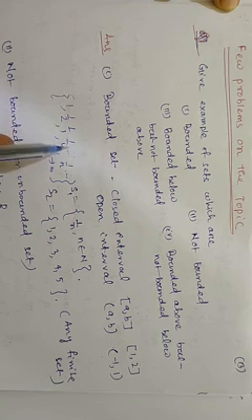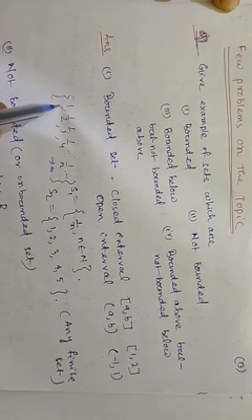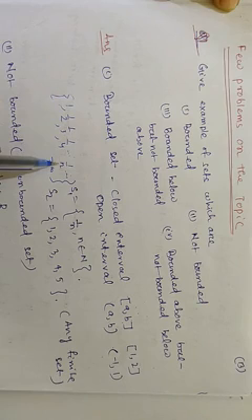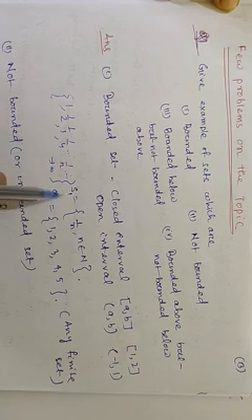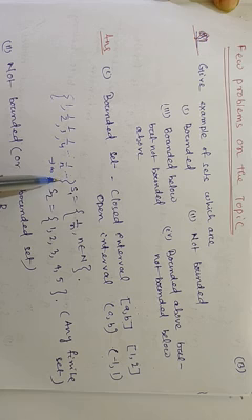But the largest of all these elements is 1. And what is the smallest element? The smallest element we get when n becomes larger and larger. 1/10 is bigger than 1/100, which is bigger than 1/1000. So when n is bigger and bigger, the number approaches 0, it becomes nearer to 0.